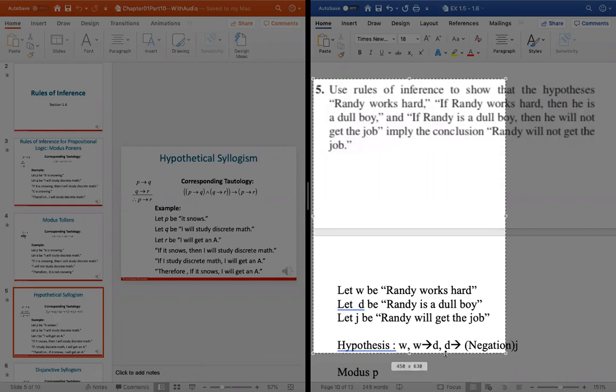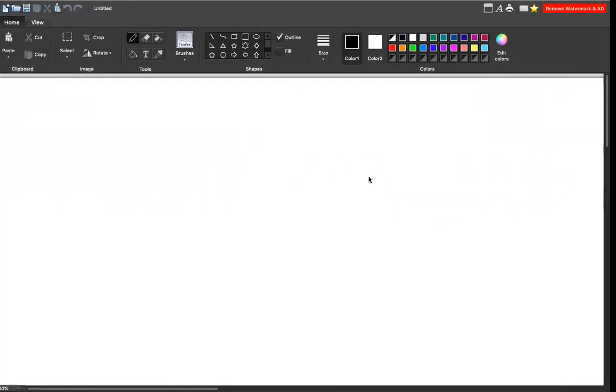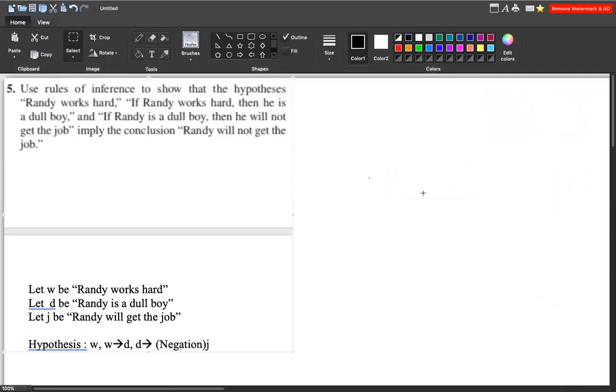Let's put the question on the side. So now we will be using the modus ponens rule on the first two hypotheses.